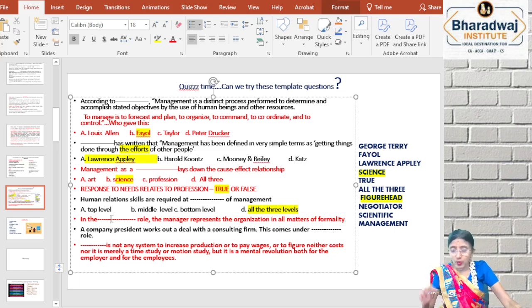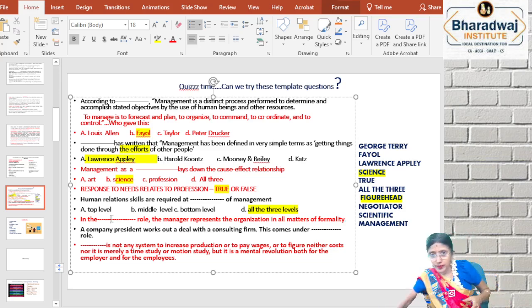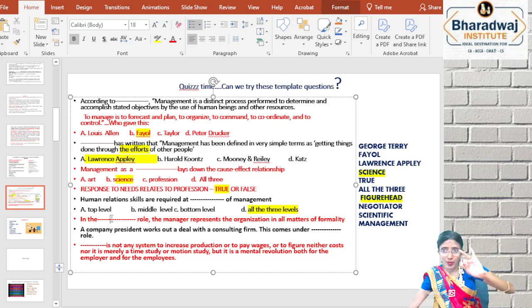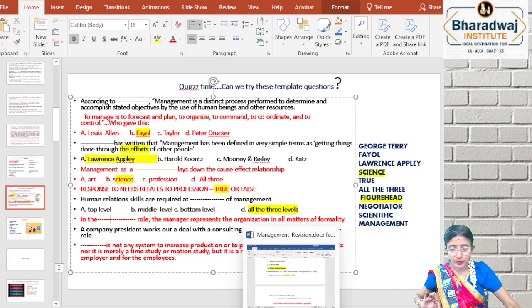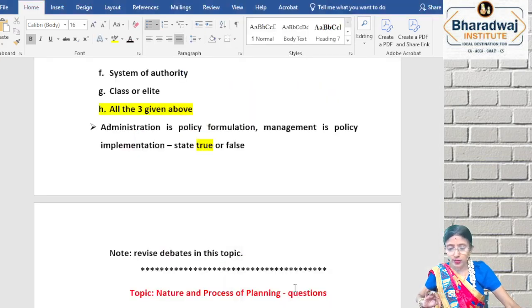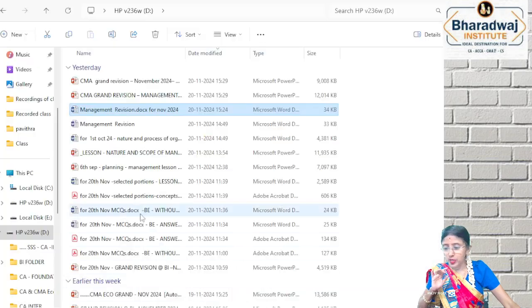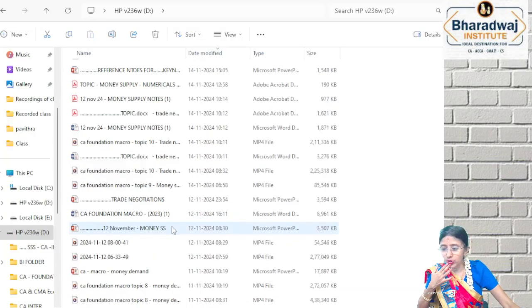Now we are talking about roles of management, 10 roles as given by Henry Mintzberg. You remember that? Roles of a professional manager. Now look at your book. Roles, responsibilities and skills. Skills are at 3 levels. I will better show you our management material. I just wanted to show you this.